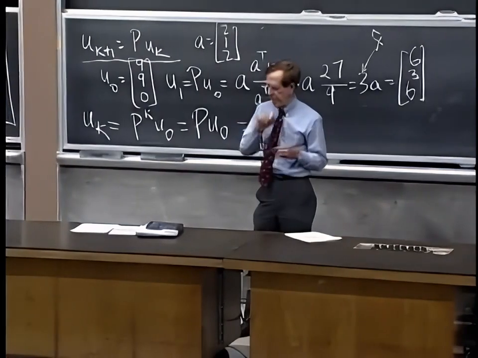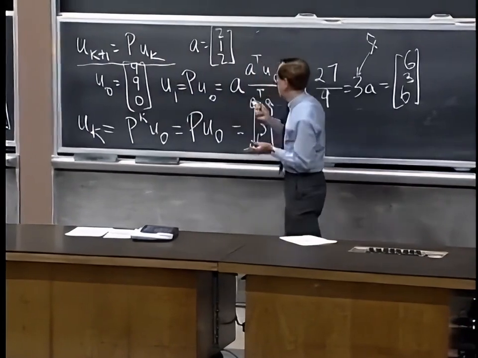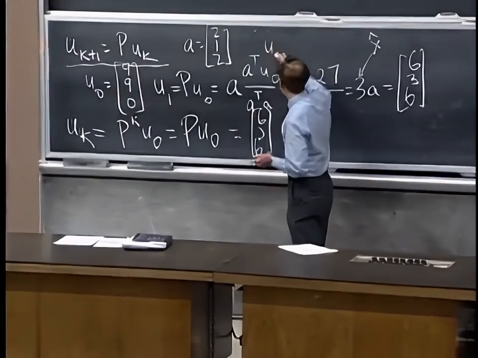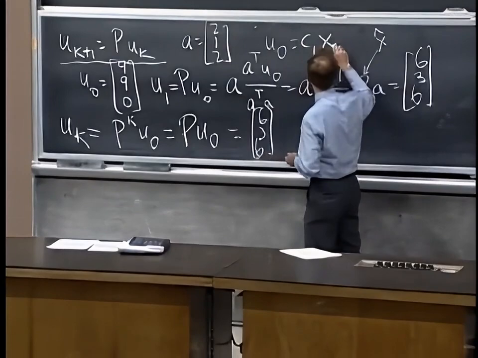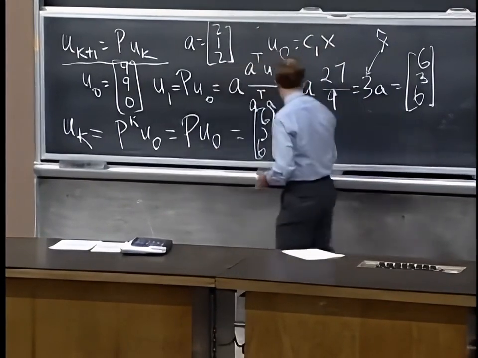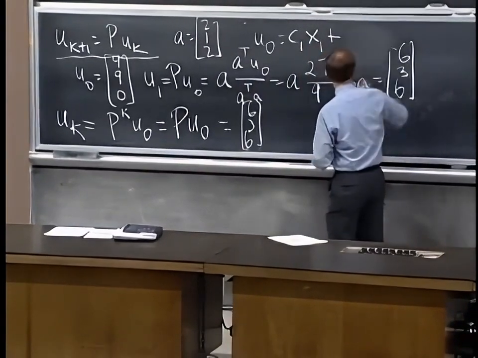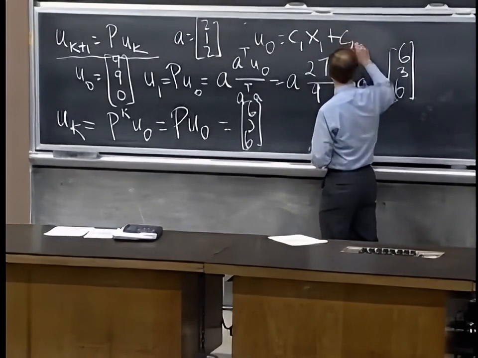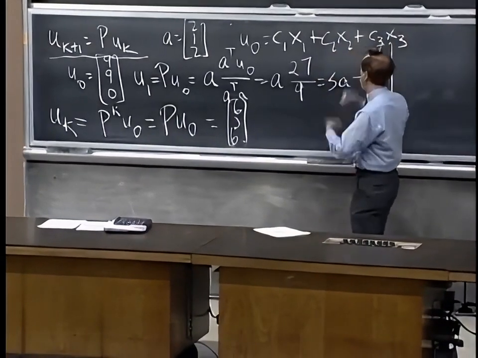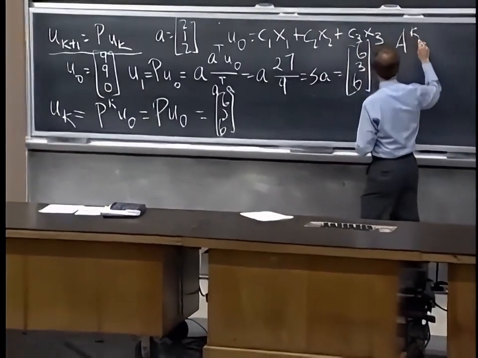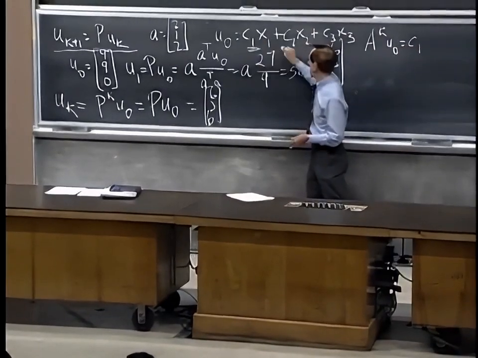But if P was now some other matrix, let's just remember from these very recent lectures how you would proceed. We would expand U0 as a combination of eigenvectors: C1 X1, some multiple of the second eigenvector, some multiple of the third eigenvector, and then A to the K U0 would follow. We have to find these numbers here.